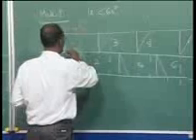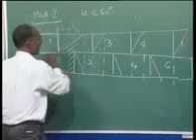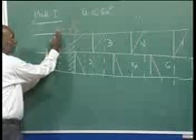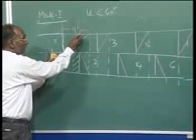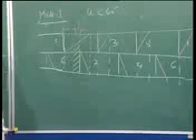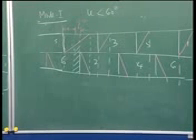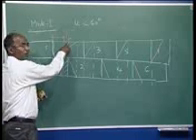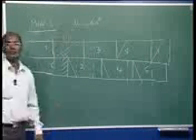This is 60 degrees. Now I am drawing it more than 60. This U here is less than 60. If it comes to here, it is 60. If it is more than that, it is more than 60. So I am skipping mode 2, because mode 2 is a special case, where we will always find 3 valves conducting.